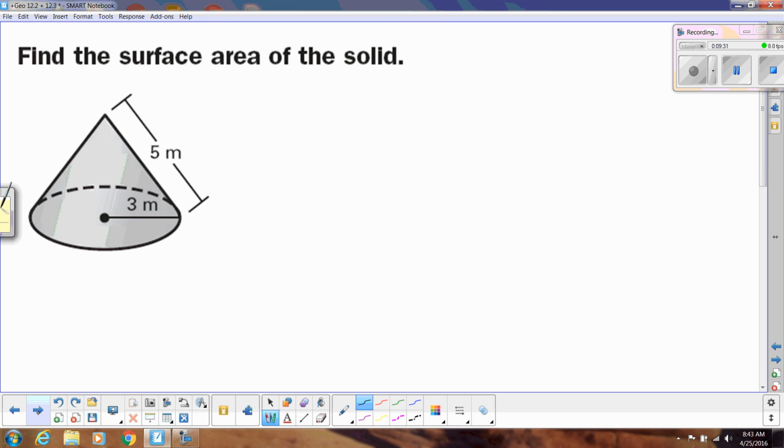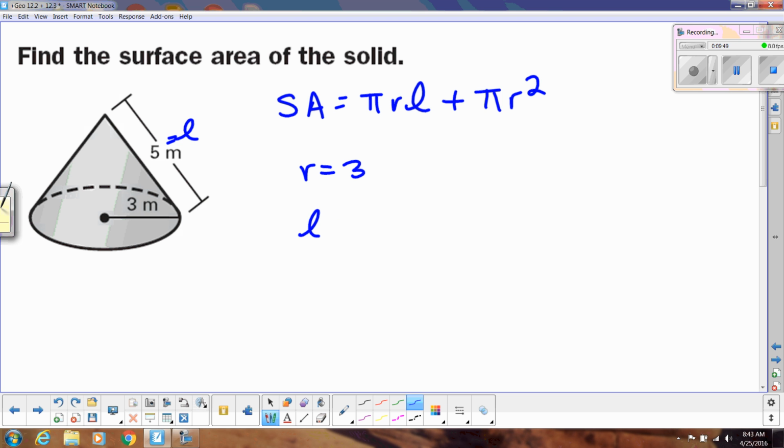All right, so let's do an example. So for surface area, we're going to be doing pi RL plus pi r squared. My radius in this one is 3, and this time they did give me the slant height, so that one's pretty easy. But again, you have to be ready to do Pythagorean theorem if they don't give you the slant height.